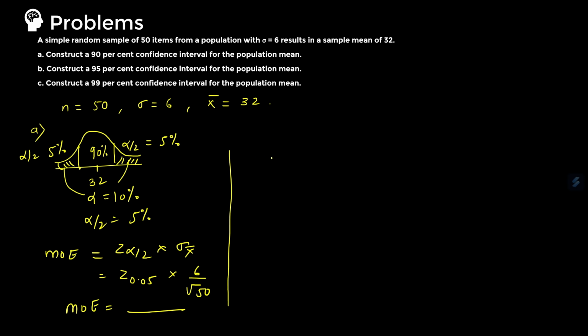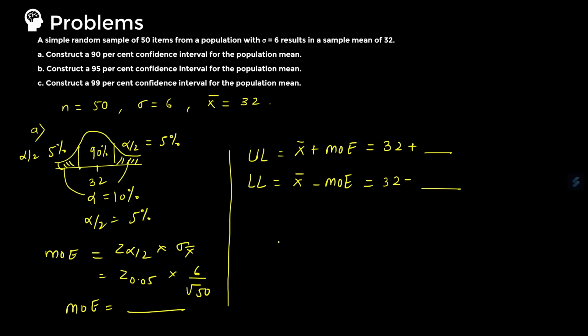After calculating it, we calculate the upper limit and lower limit. The upper limit is going to be x bar plus margin of error, and the lower limit is x bar minus margin of error. So 32 plus whatever the margin of error is, and 32 minus the margin of error.